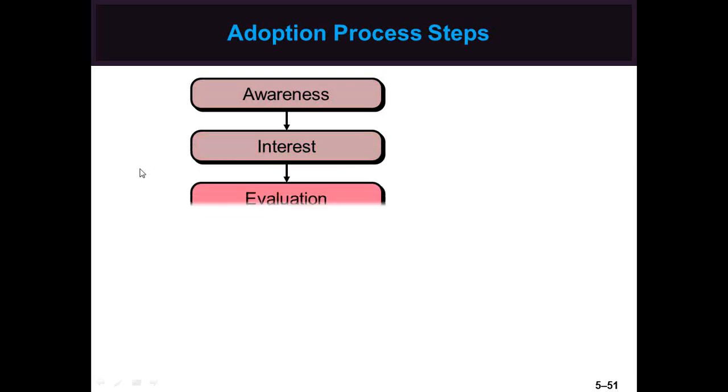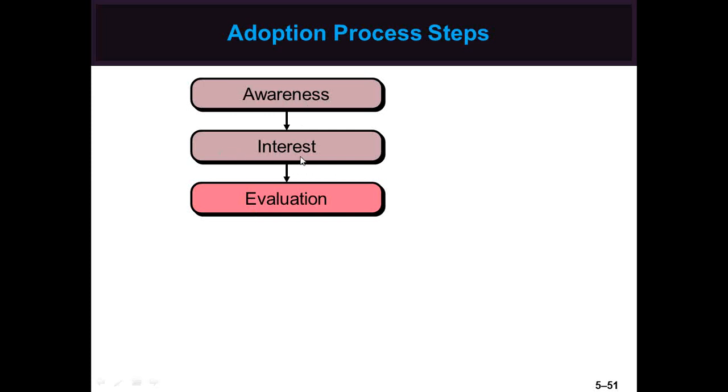So here's the adoption steps. Many new product concepts require an adoption process. In these situations, consumers may pass through a series of steps used to investigate and evaluate and ultimately accept or reject an idea or product as a solution to their problem. So in the awareness stage, the potential customer first learns about the existence of a product that may lack more details.